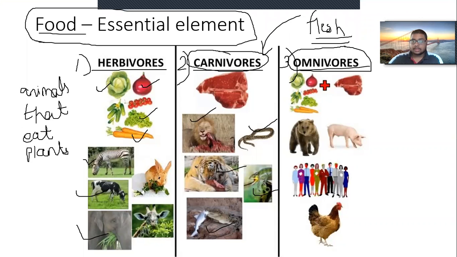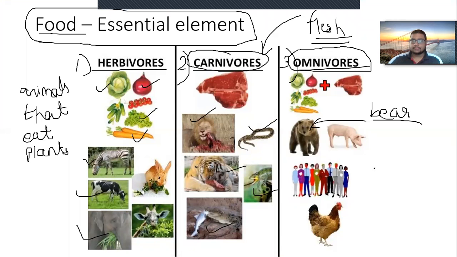Those animals are called omnivores. For example, this is a bear. Bear also eats some plants, some fruits. At the same time, bear also eats flesh.